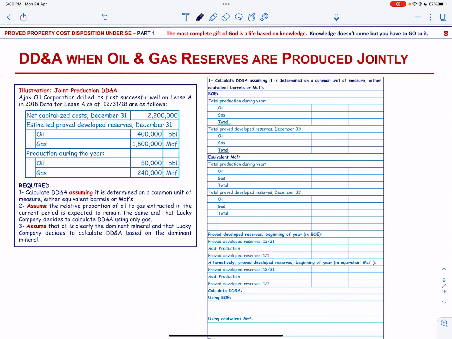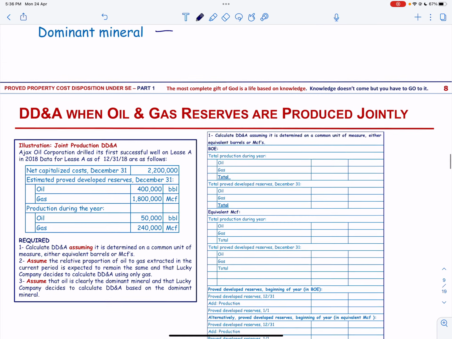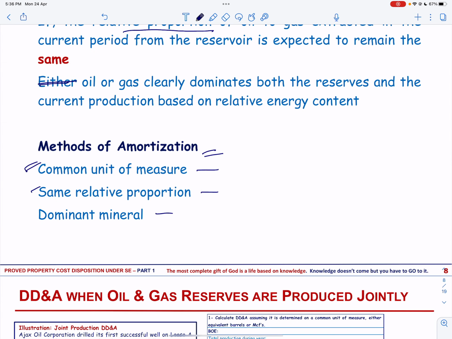Ajax Oil Corporation drilled its first successful well on lease A in 2018. Data for lease A as given to us, and we have to calculate the joint production DD&A by all the three methods that we have just now referred to.